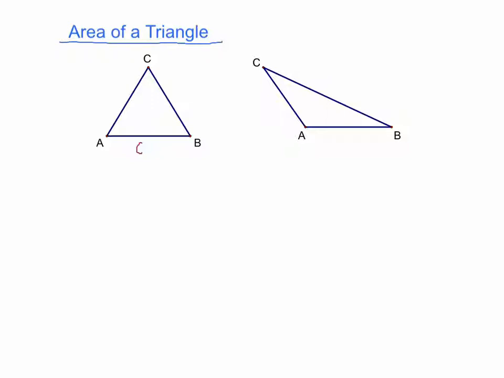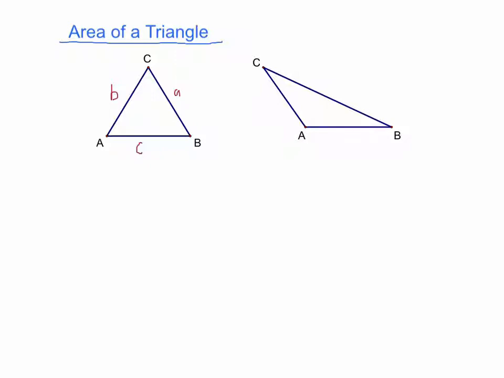It's a lowercase letter c because that side is opposite the angle c. So the other sides of my acute triangle, well, to the left I can call that lowercase letter b because that side is opposite the angle b, and the last side I can call lowercase letter a because that's opposite the angle a.